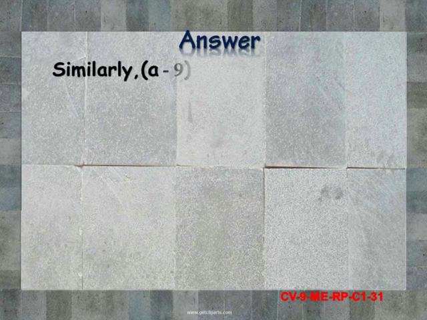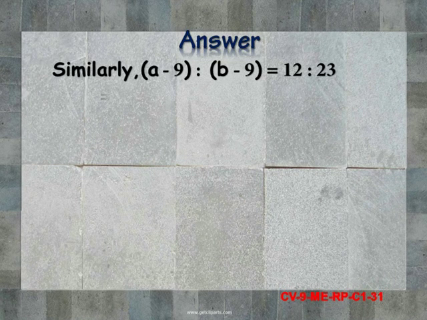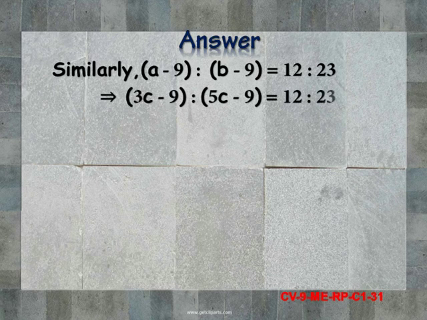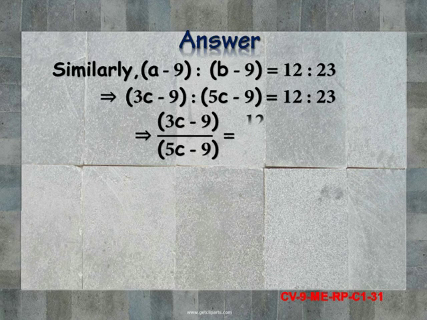Similarly, A-9 is to B-9 is equal to 12:23. It becomes 3C minus 9 is to 5C minus 9 is equal to 12:23, or in fraction form, 3C minus 9 whole by 5C minus 9 is equal to 12/23.